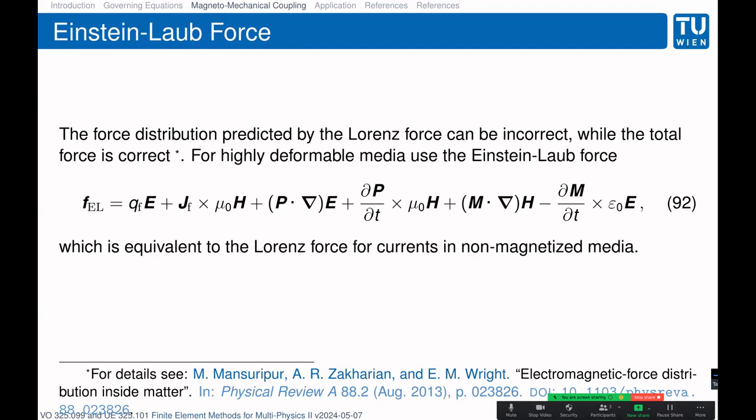You can reformulate the force density in terms of the Einstein-Laub force. One reference is here that describes this in more detail. Overall, it's equivalent to the Lorentz force. So the Lorentz force is not wrong, but for highly deformable structures, it might make a difference in the deformation field that you would encounter.